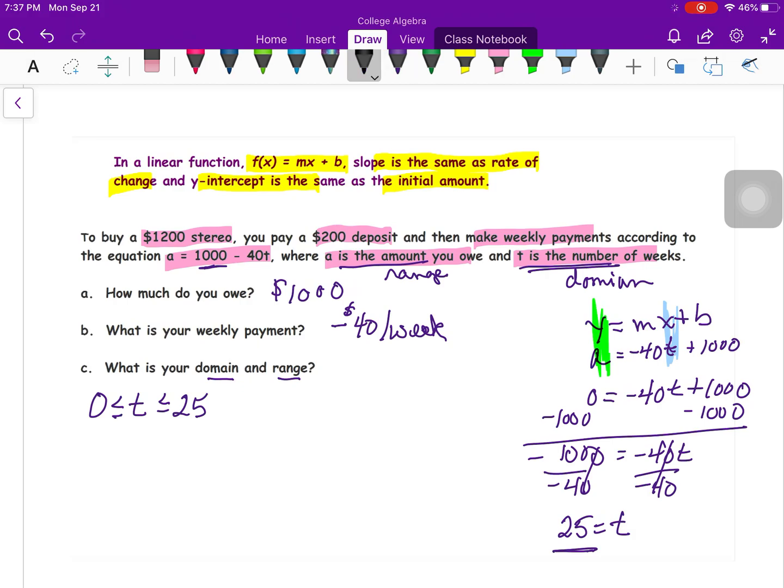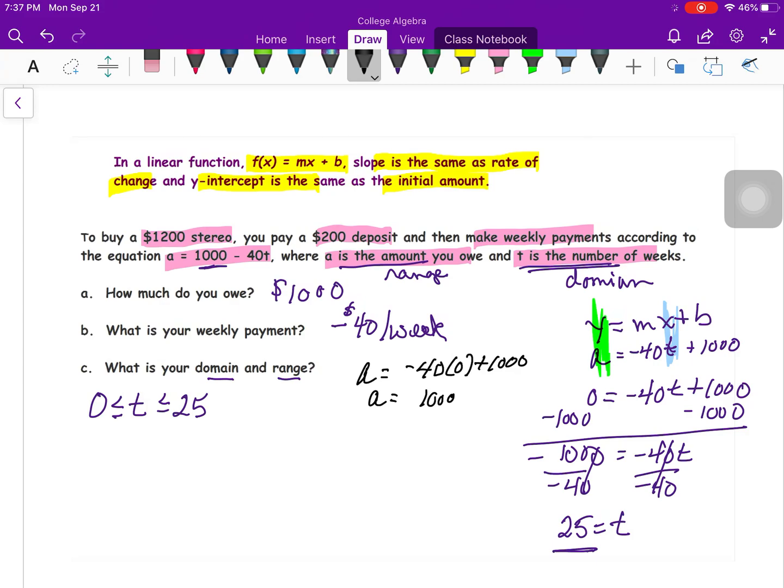To find my maximum range, I'm going to put the 0 in for t and solve for A. So A will equal negative 40 times 0 plus 1,000. That gives me A is 1,000. So the maximum amount of money I have to pay back is $1,000.